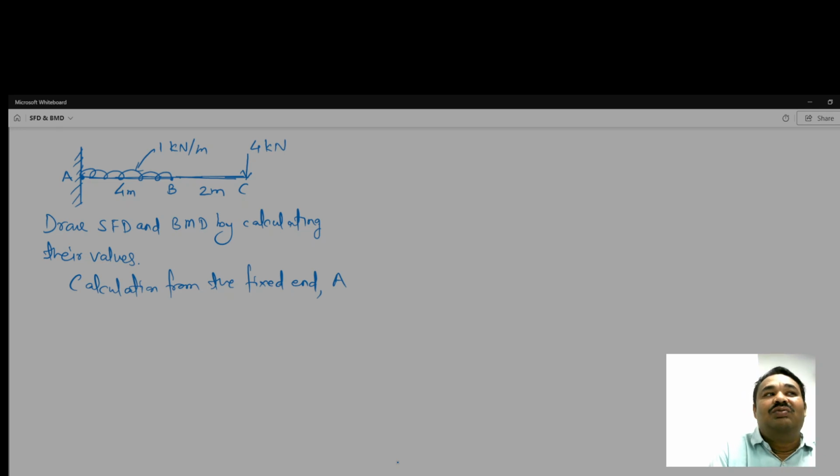But suppose we want to know how it may be more expensive in terms of calculation if we start calculation from the fixed end. So let us do it.